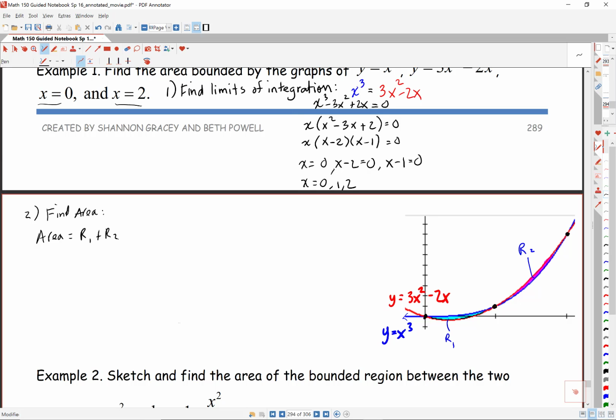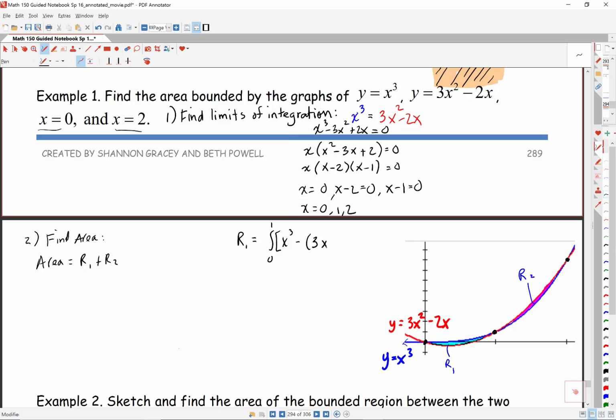So the area of region 1 is going to be the integral from 0 to 1 of x cubed with respect to x.